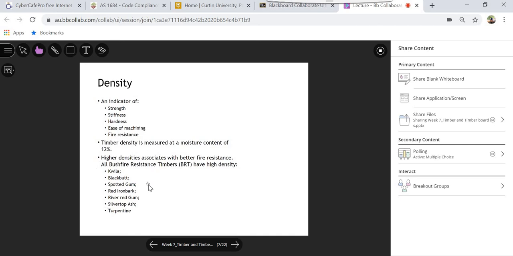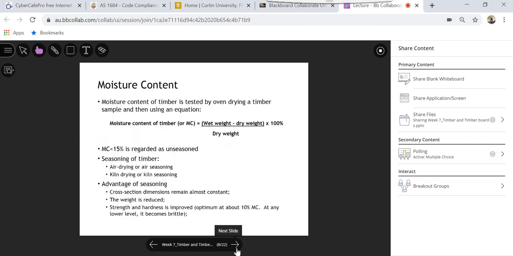All of those BRT timbers have higher density relative to other timber species. So basically higher density is a good indicator of strength, hardness and fire resistance. So it's a good thing. But in terms of weight, the building can become heavier too.